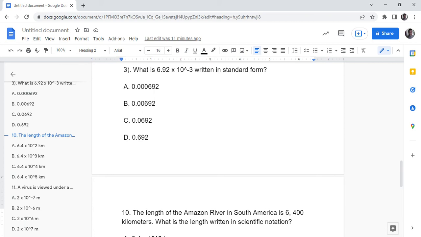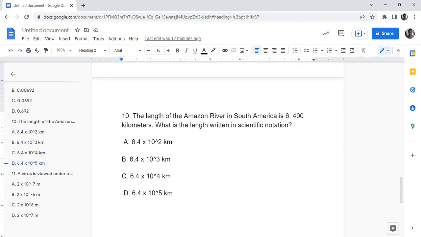So in this event where we have 6.92 times 10 to the negative 3, it is saying there are three zeros, and after the three zeros we have the 6.92. So our answer would be B, which is 0.00692.